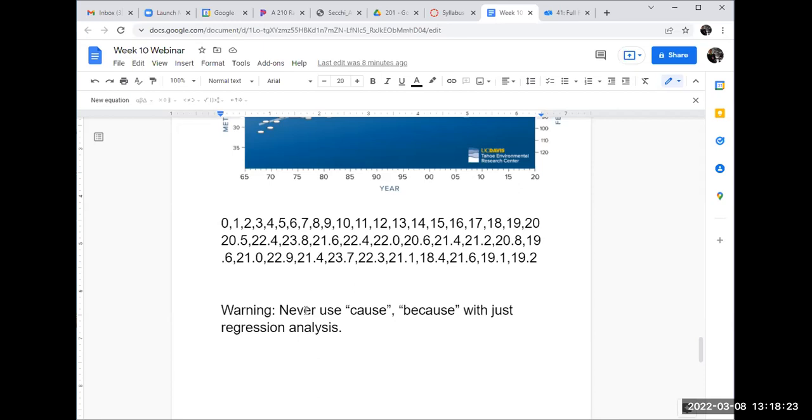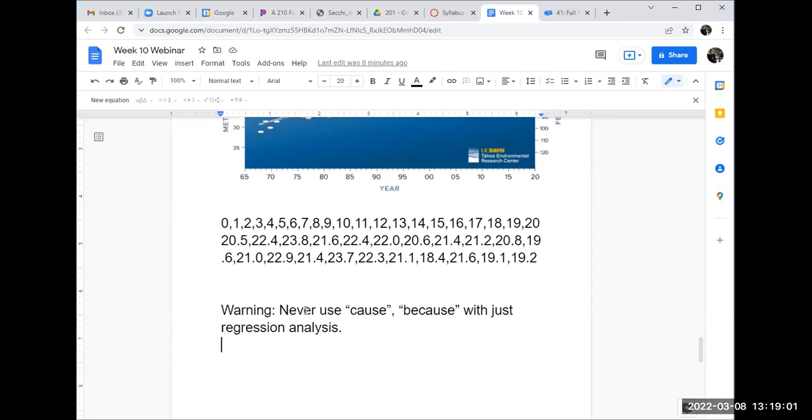Another word that you should be careful about is will. So if you found out there was a correlation between the amount of money people have and the amount of time they spend away from their town, then you cannot say that giving people more money will make them spend more time outside of their town.